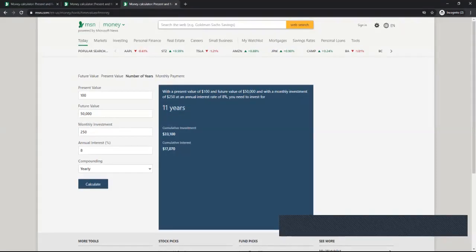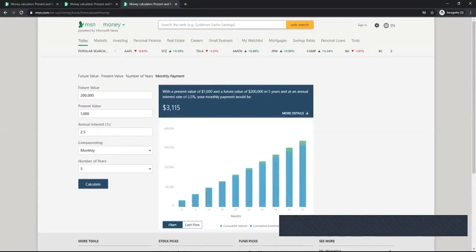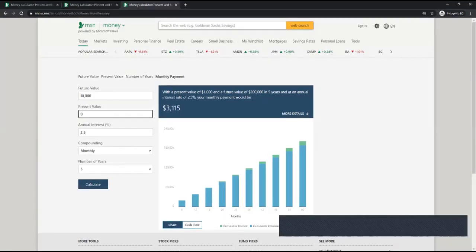We can also calculate the monthly payments. Okay, so let's say you want $10,000. The numbers in here have been preset already, so you just have to delete them and put your own numbers. Let's say your present value is 0, you don't have any funds invested.